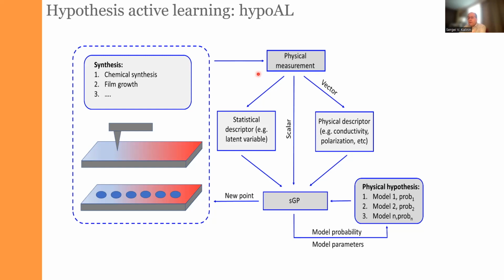So in other words, if the true dependence of some observed function on a parameter is linear, then the linear model will allow us to make predictions with much lower uncertainty than the more complex model. The way we can operationalize this supposition is in the form of hypothesis active learning, which combines the basic elements of the structured Gaussian process and reinforcement learning.